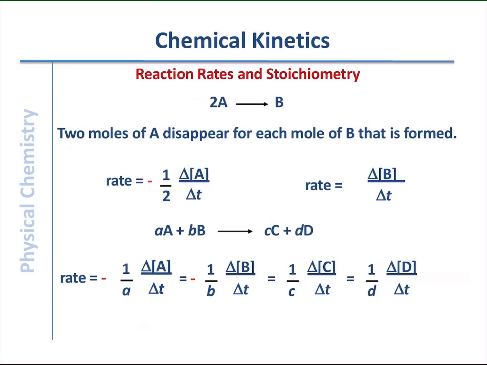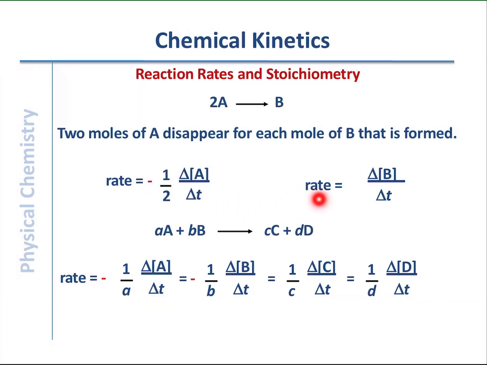If two moles of A disappear for each mole of B formed, in this case the rate will be the decrease in concentration of A divided by delta time, all divided by 2, which is the number of moles of the reactant.